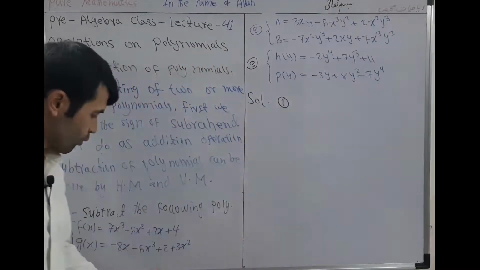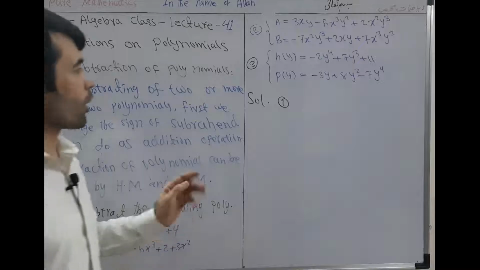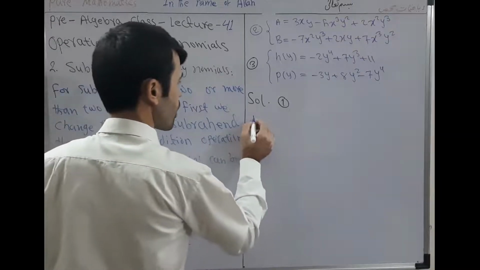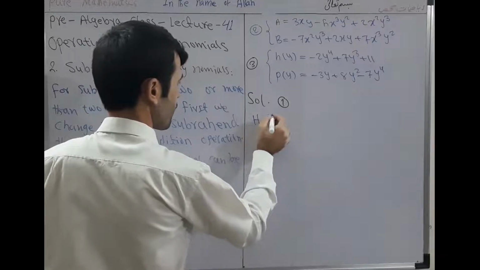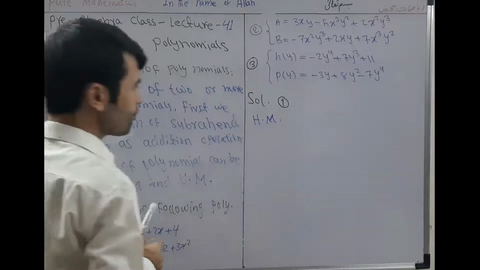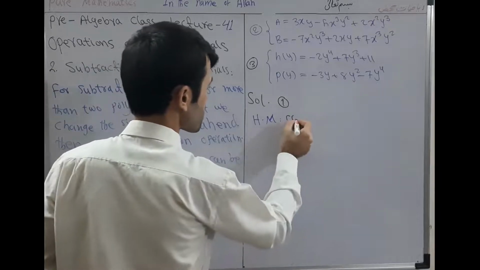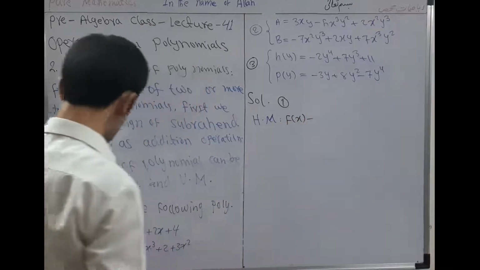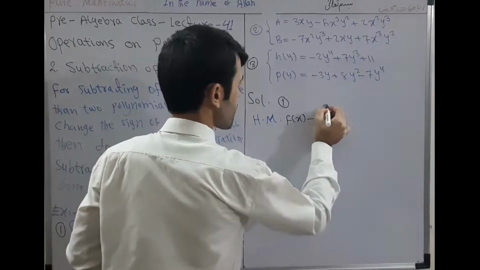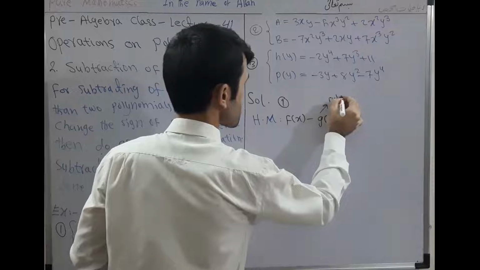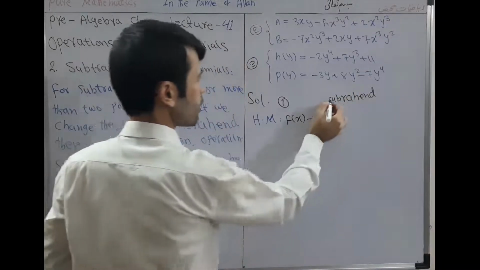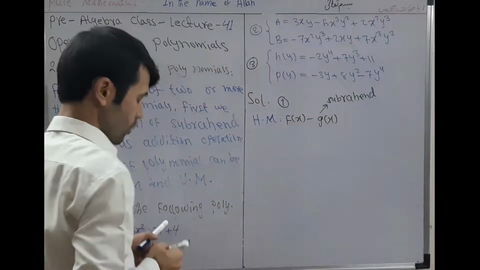Now we want to solve question 1 by two methods, horizontal method and vertical method. First one, horizontal method. Here we have f of x. We have to write f of x minus g of x. It is subtract polynomial g.